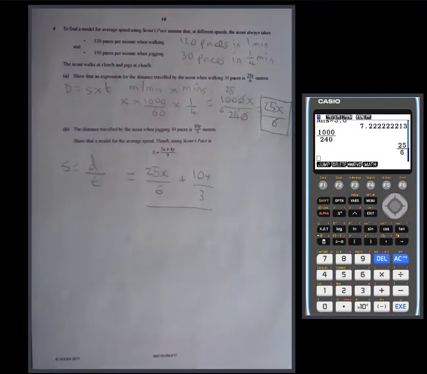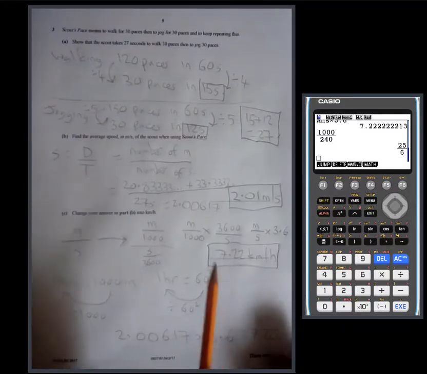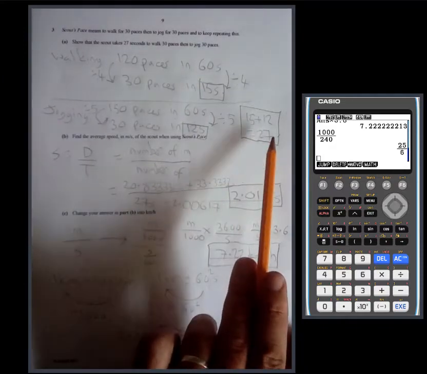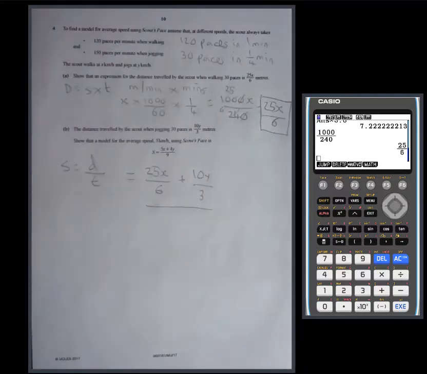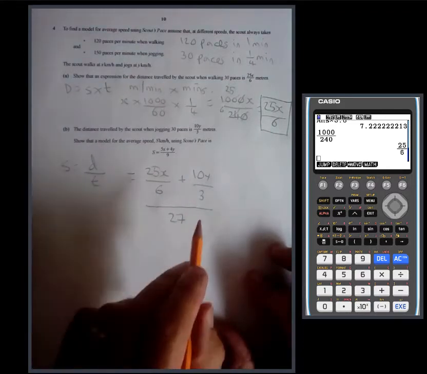Now we know from previous questions, to walk 30 paces and to jog 30 paces, it takes you 27 seconds. That was something that was given. You see, there's a lot of show that here, and whilst they're quite difficult, at least it gives you a number that you could potentially use later on. So that's over 27. Now this will give you a speed in meters per second, right?